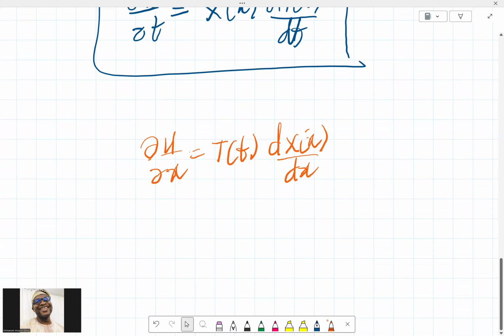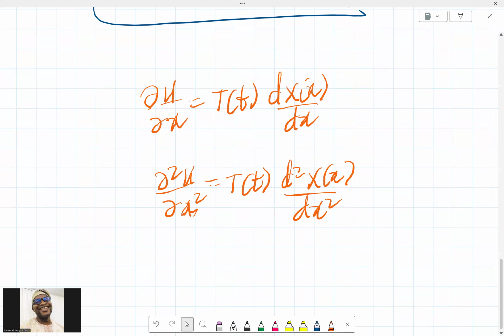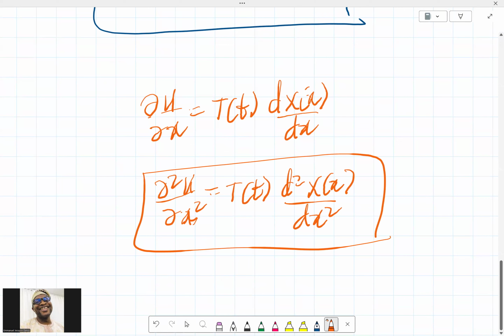That's the first derivative. For the second derivative, we differentiate with respect to x again. T of t remains constant, and we have d squared X of x dx squared. So this is what we have for the other side.